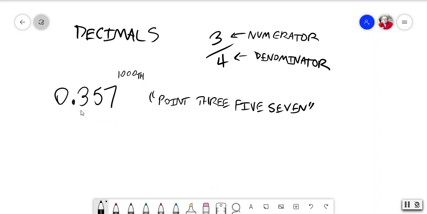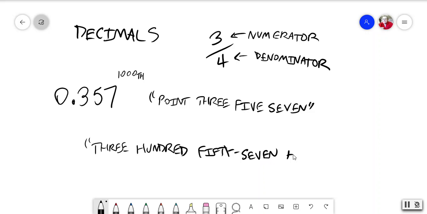So then what you do is you read what you've got and say thousandths. So you would say 357 thousandths.